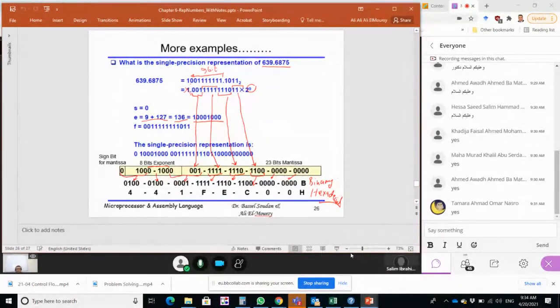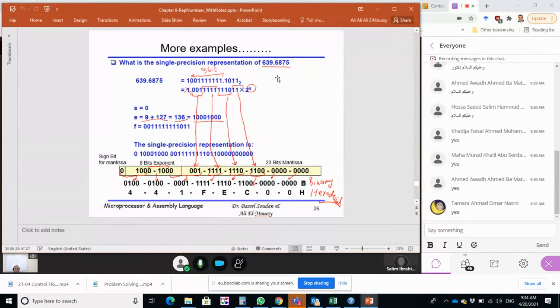Slide 26 is asking you to represent in single precision representation, the IEEE 754 for single precision, which is 32 bits, the number which is in decimal 639.6875. If this is my example, I want to convert this into single precision floating point, 32 bits.